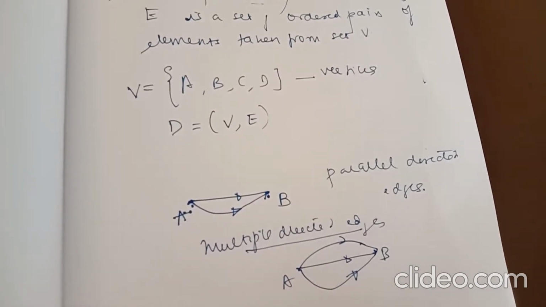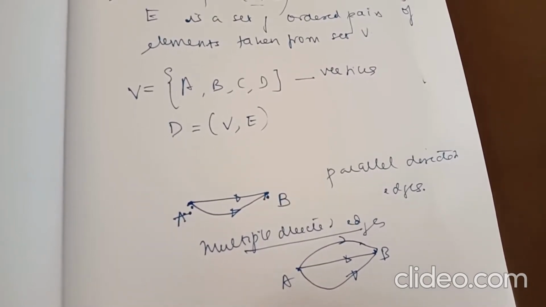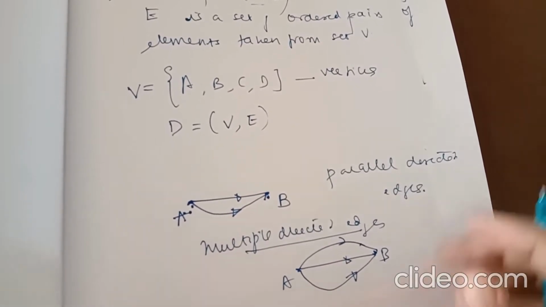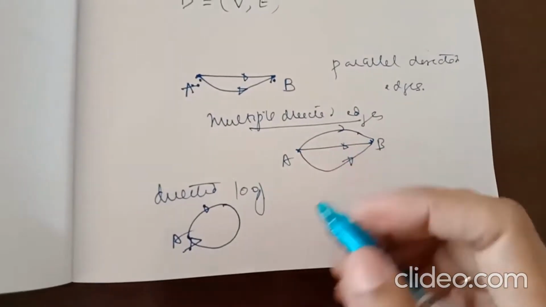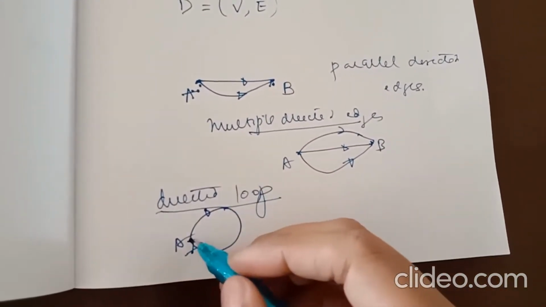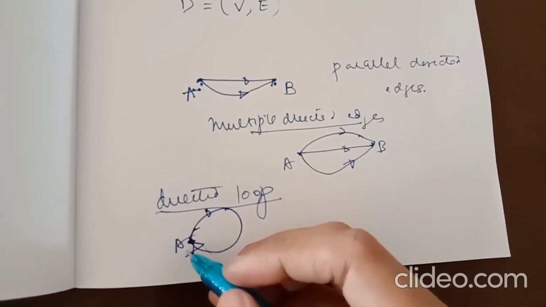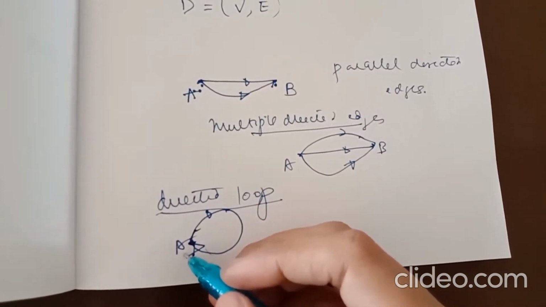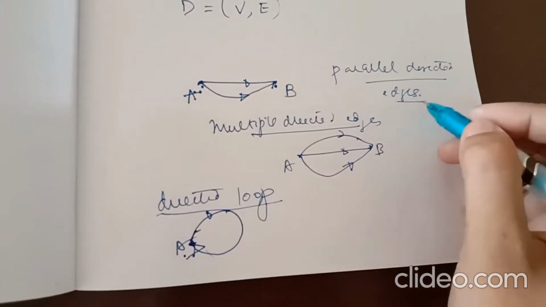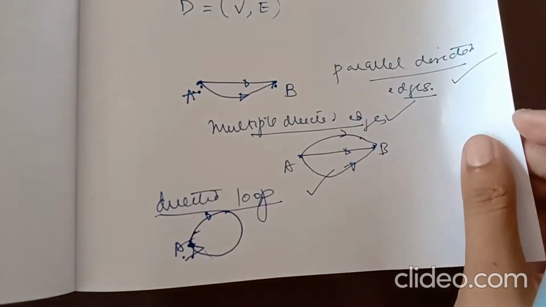So what is this directed loop? A directed edge that begins and ends at the same vertex. If I take this as an example, this is an example of a directed loop. So we have seen the concept of parallel directed edges, multiple directed edges as well as a directed loop.